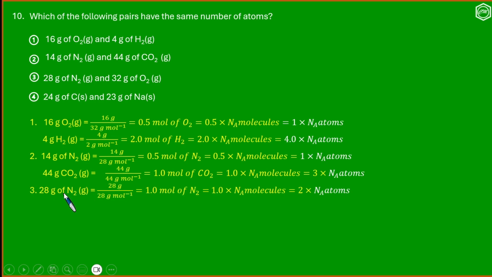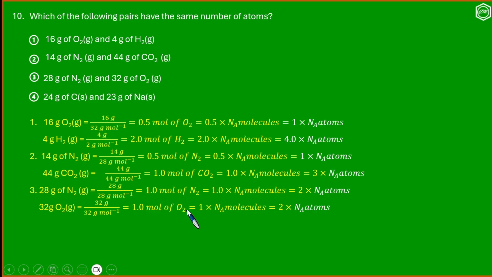Option 3, 28 gram of nitrogen, that is 1 mole of nitrogen molecule, 1 into Avogadro number of molecules. One nitrogen molecule contains 2 atoms, so 1 into 2, 2 into Na atoms. Now 32 gram of oxygen molecule, 32 by 32 gram per mole, that is 1 mole of oxygen, or 1 into Avogadro number of molecules of oxygen.